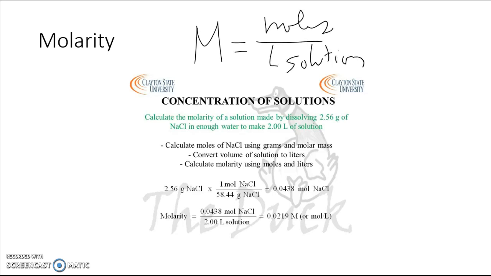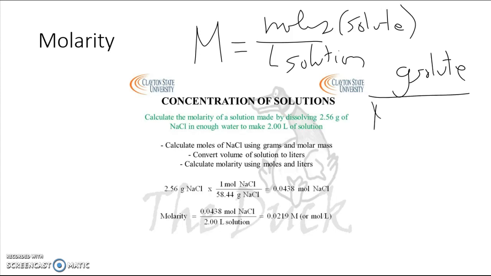But how can you get the moles of solute? Sometimes they give you the mass, grams of solute, and then you divide this by the molar mass of the solute, and you get moles of solute.